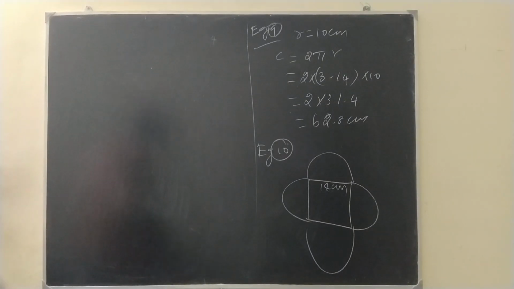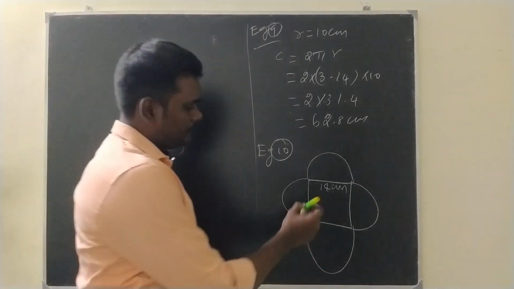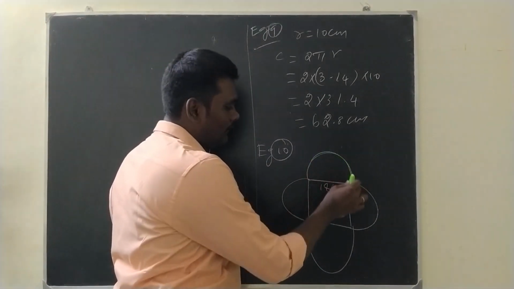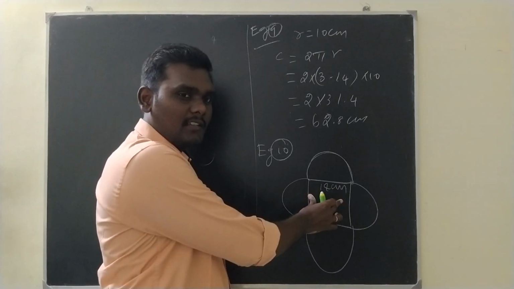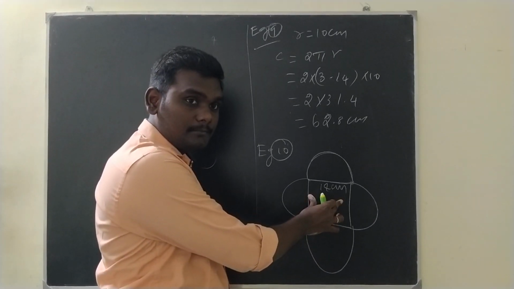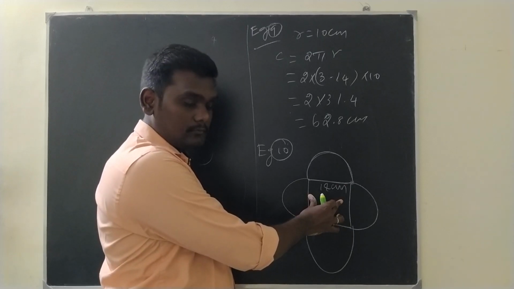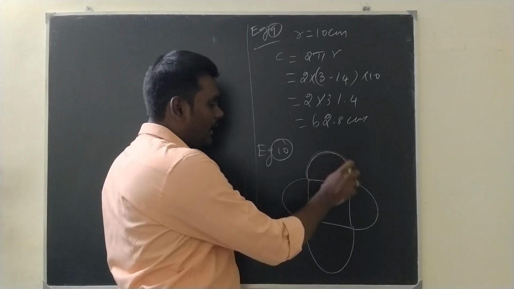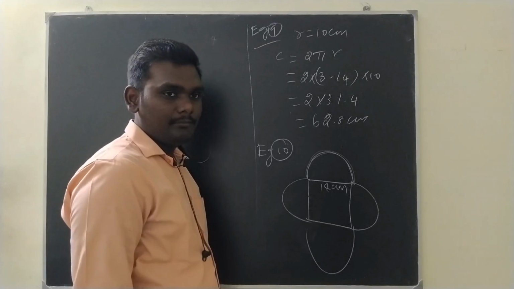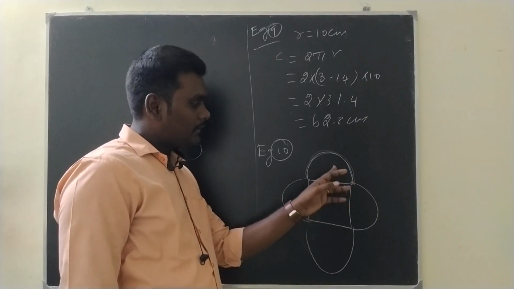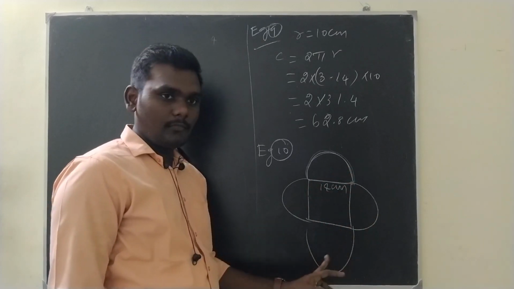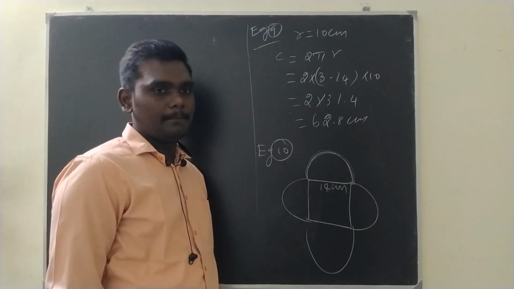We need to find the perimeter of this figure, which means half of the perimeter of the circle, whose diameter is 14 centimeter. Is it the diameter or radius? Diameter. This kind of half the perimeter of a circle is calculated for how many times? 1, 2, 3, 4 times you have to multiply.